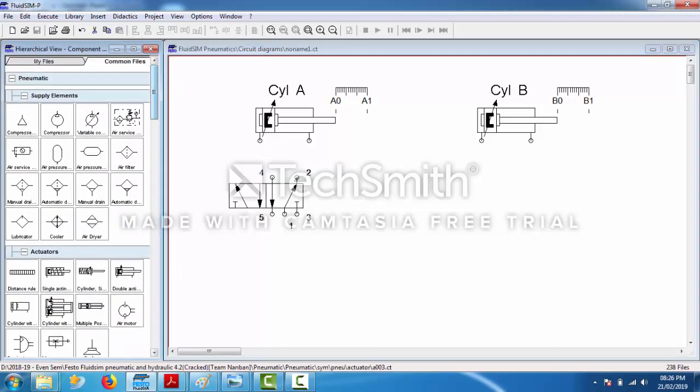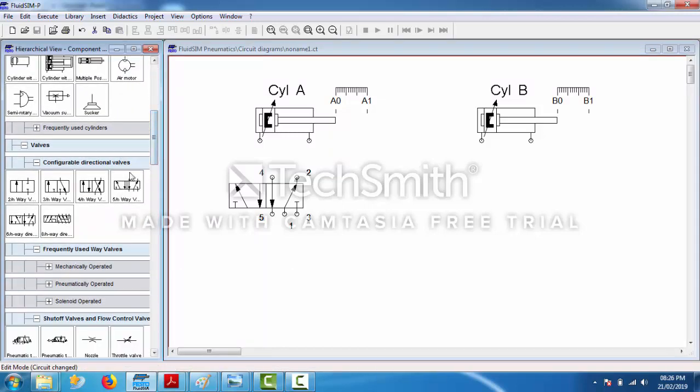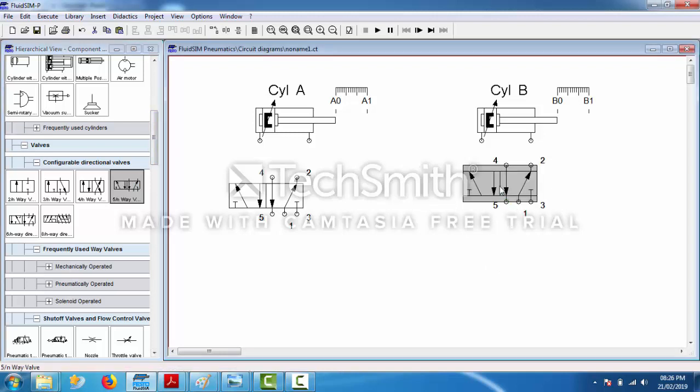Similarly, for cylinder B, we will require another 5 by 2 valve. Connect the left side to left side, right side to right side. Done? No, we are not done yet.